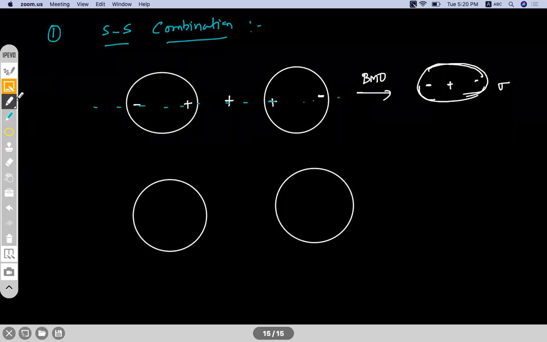Similarly, if this is plus and this is minus, and it combines with minus and plus, then it forms the anti-bonding ABMO. The shape is this.